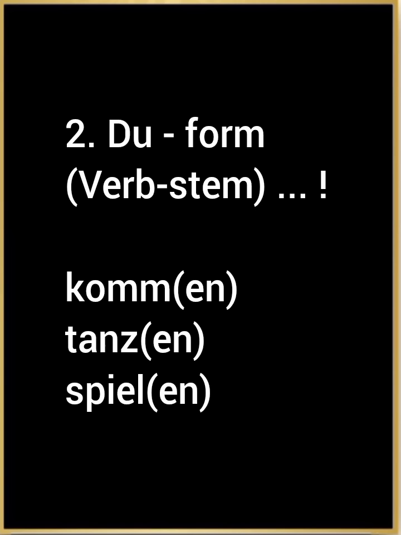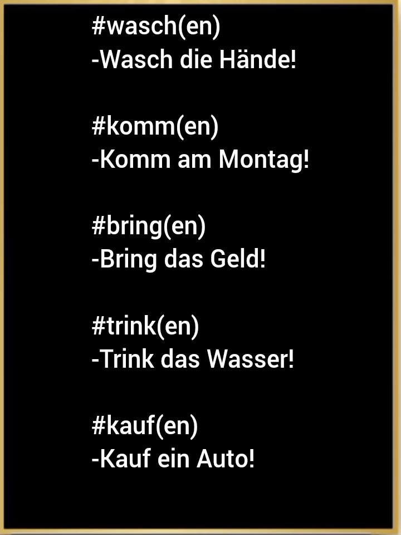So in the du form, the command or request is formed by beginning with the verb stem and excluding the pronoun du. As we know, when we conjugate in the du form, we normally have -st: du kommst. So you remove the du and the -st, and I remain with komm. Like in the example, wash the hands.